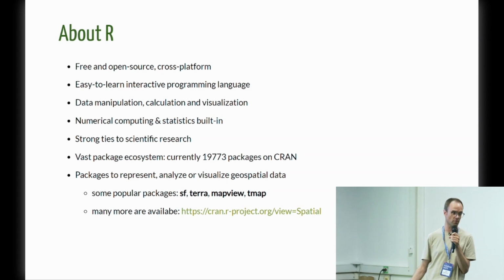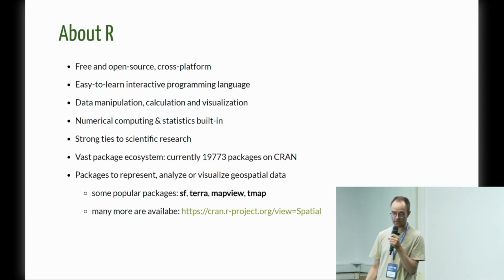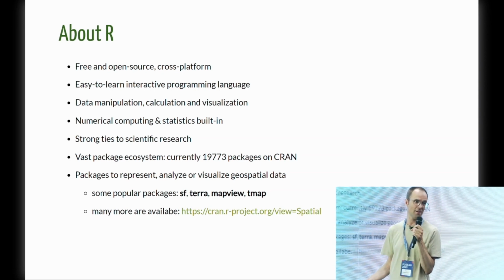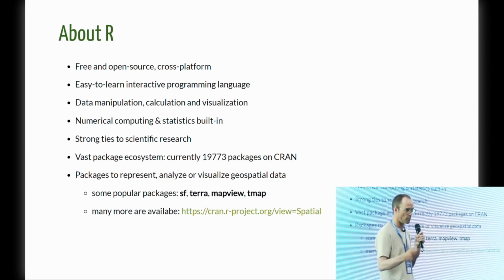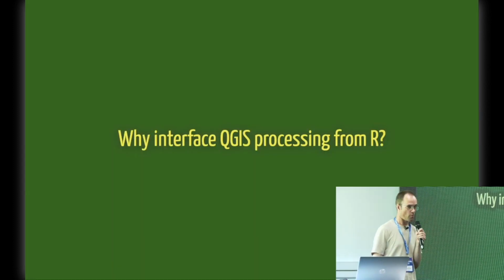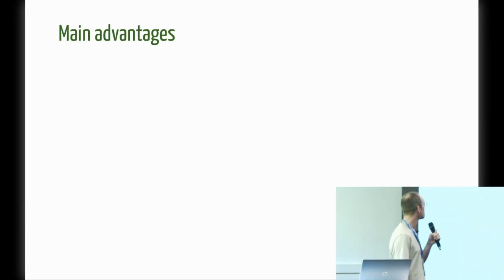I just named two here, which are used often: mapview and tmap. And you can get a larger overview of these on the CRAN website, which is a well elaborated page. So why would we interface QGIS from R in the first place?